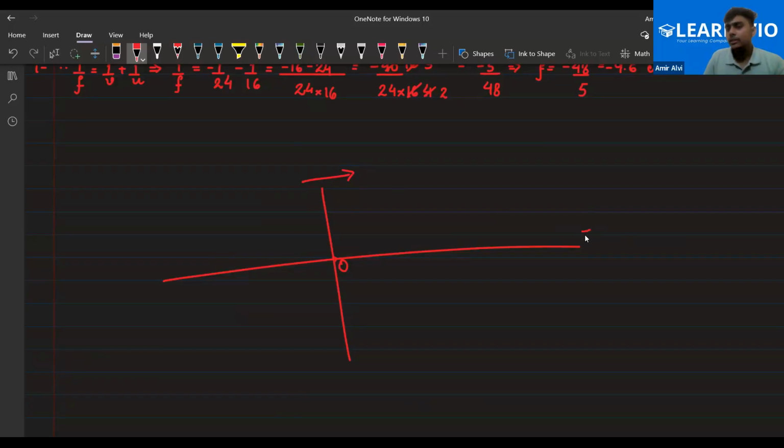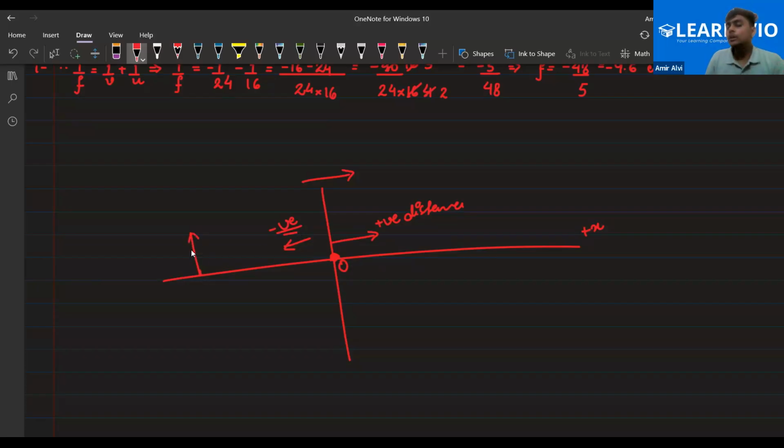That means it travels in the positive x direction. If we start from the origin and go in this direction, we have a positive distance. Is that clear, Naveed? Yeah. Okay. And if we start from the origin and go in the negative direction, that means it is a negative distance. Clear, Naveed? Yeah. Great.